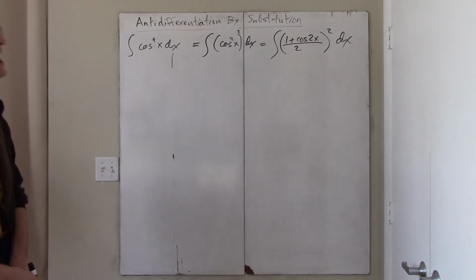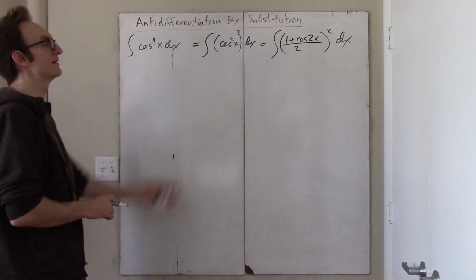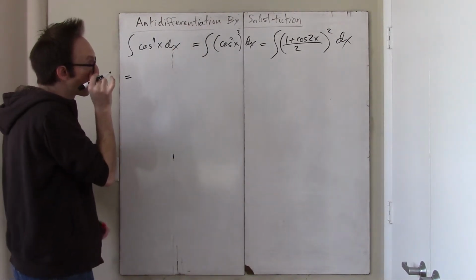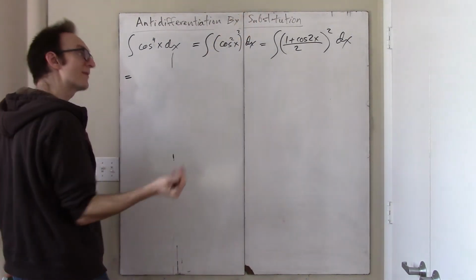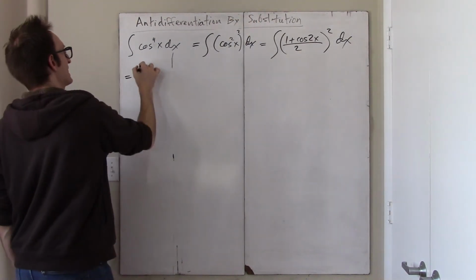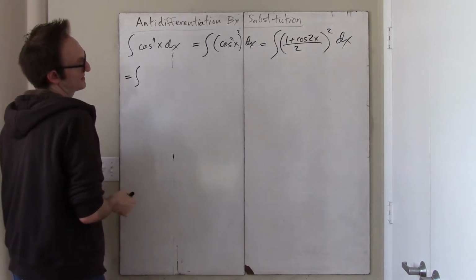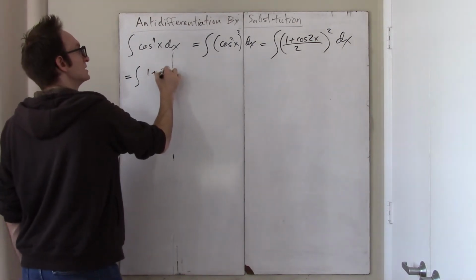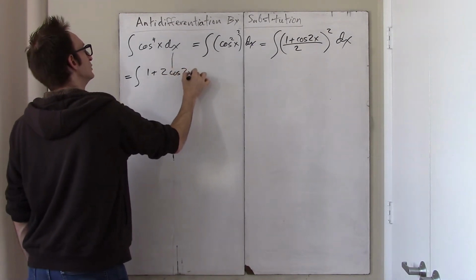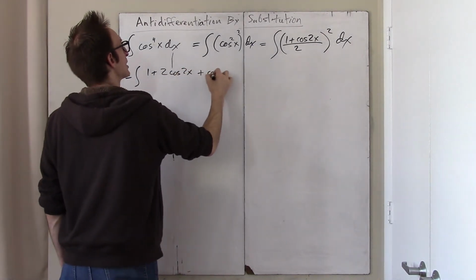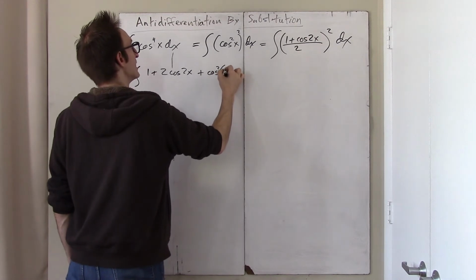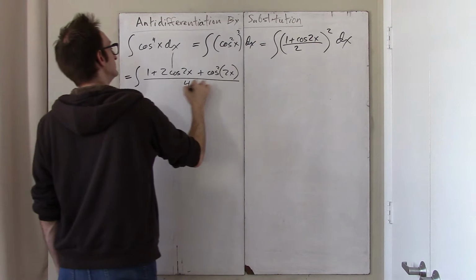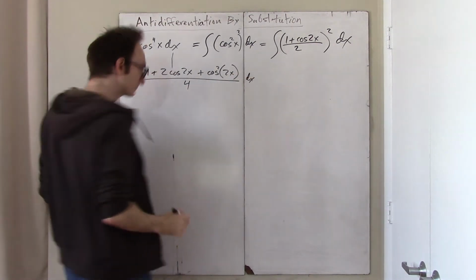Whew! Now what? Well, now there's only one thing to do, which is to square that. If I square that, I get 1 plus 2 cosine 2x plus cosine squared 2x, all over 4, dx.